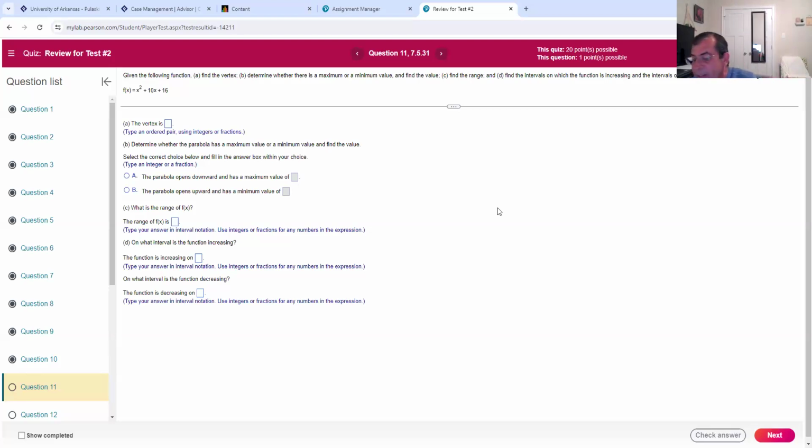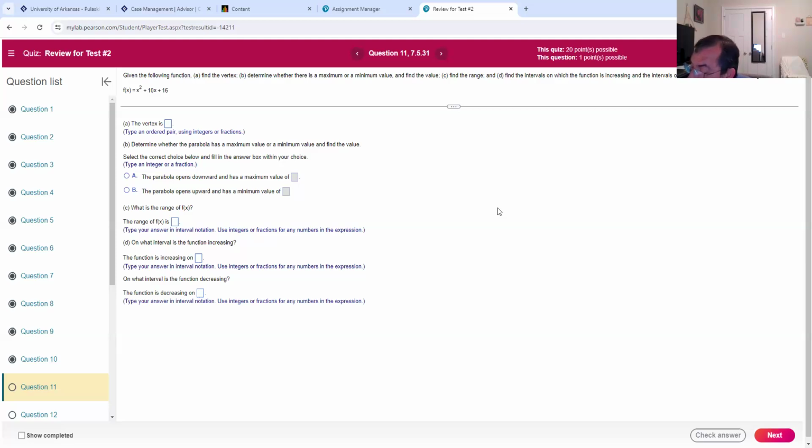All right, now this is another vertex problem. But on this one, they're not giving me a graph. They're just giving me a function. So I'm going to write my function, f of x equals x squared plus 10x plus 16. They want me to get the vertex, max or min value, range.